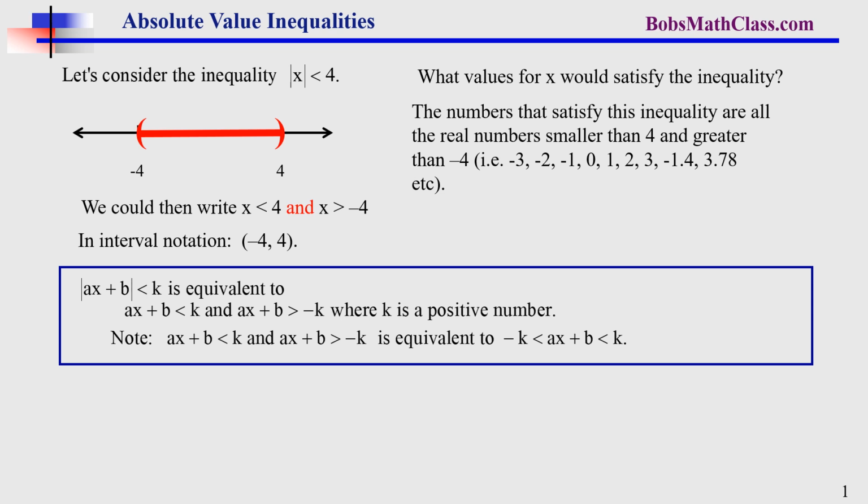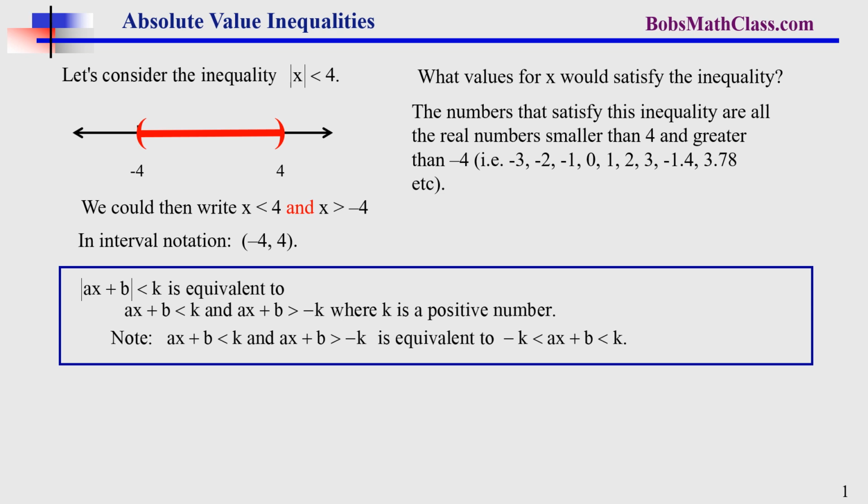Another way of doing this problem, I just want to note, is that it's equivalent to the compound inequality with ax plus b in the middle, less than k on the right, and greater than negative k. So if you're going to a tutor or you're reading in a book and they do things a little bit different, it's still the same thing, it's just another way of writing it. I just chose to write it as two separate inequalities.